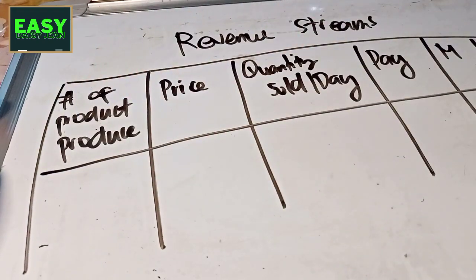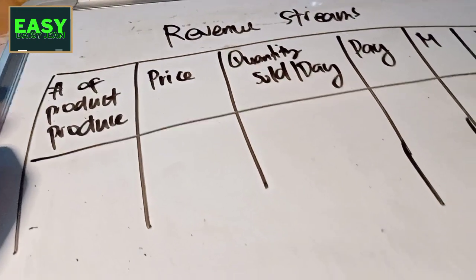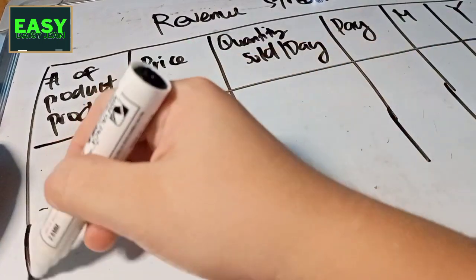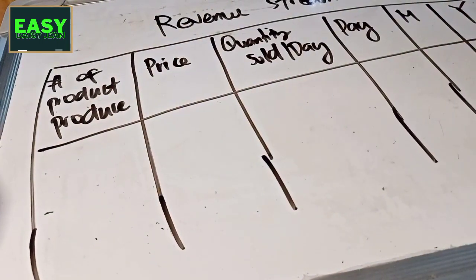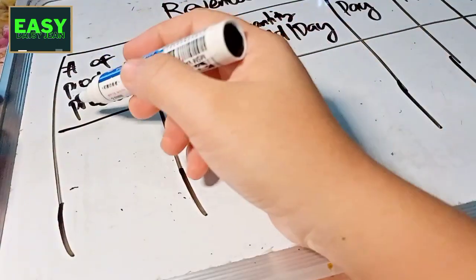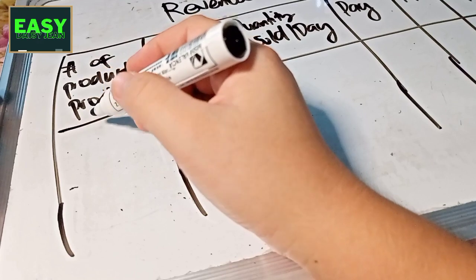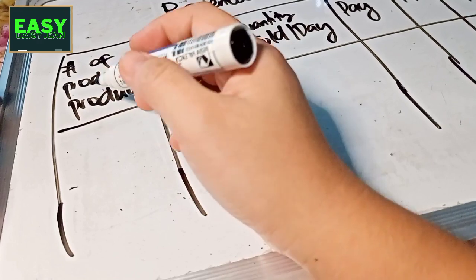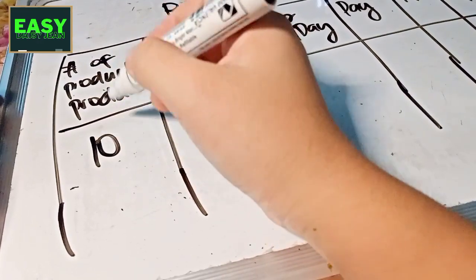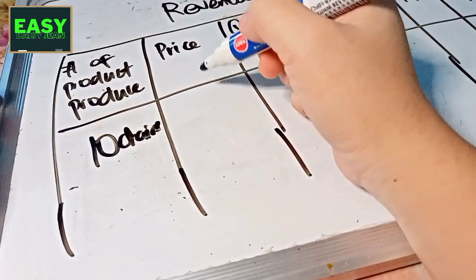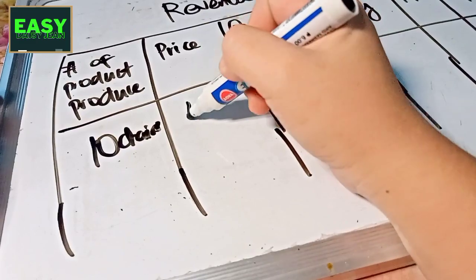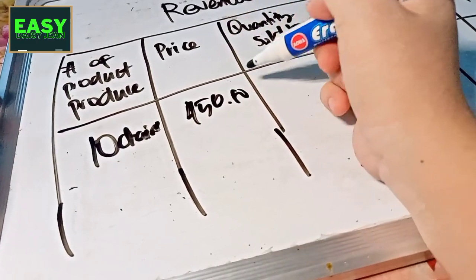Say for example, according to my students in their social enterprise plan, creating a chair out of a tire, they will make use of 10 tires, and they will create 10 chairs out of the 10 tires. Now with the 10 chairs, they will sell them at 450 each.